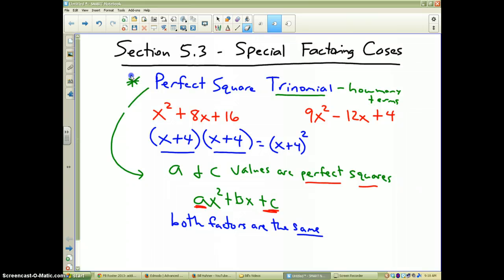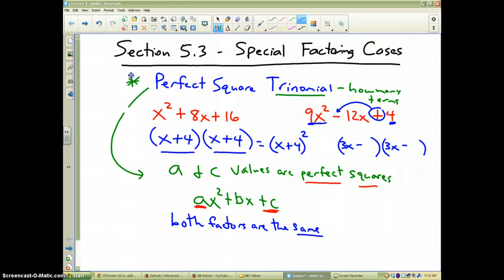Now, if you notice my second example, if you look at the a value, it's 9, and the c value, it's 4. Again, they are both perfect squares. So therefore, if I was to factor this, 9x squared is 3x times 3x. The last sign is plus. That means my signs are the same, and that's minus, which means these are both going to be minus.